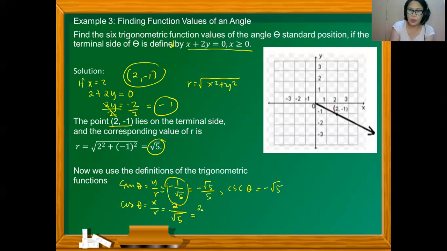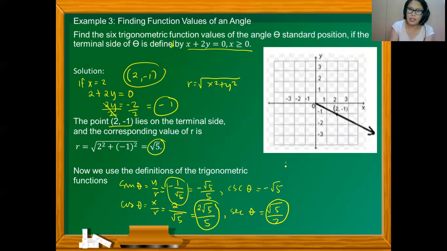So we have 2 square root of 5 all over 5 as cosine theta. And its reciprocal will be secant theta. So the reciprocal of 2 all over square root of 5 will be square root of 5 all over 2. Take note, class, that cosine theta and secant theta are positive since the terminal side lies on the fourth quadrant. And the rest will be negative.